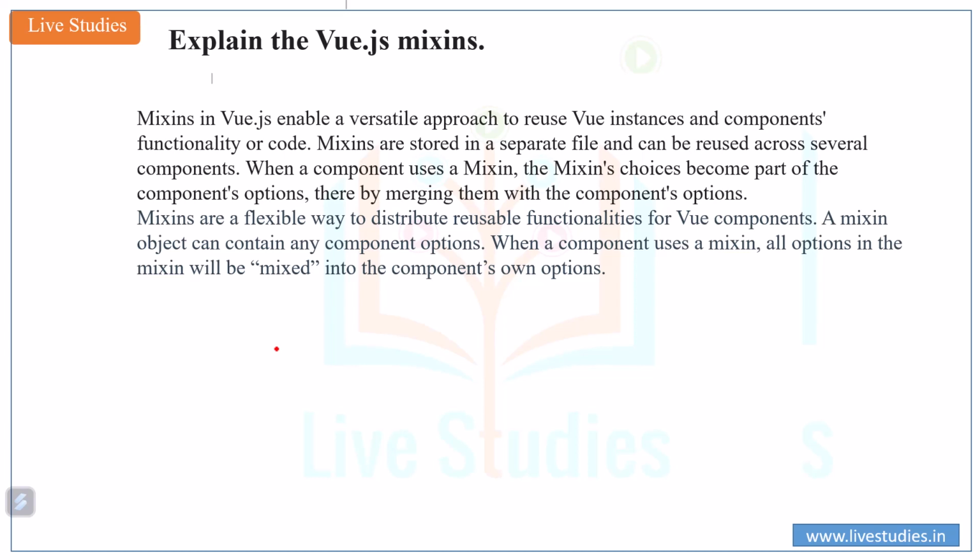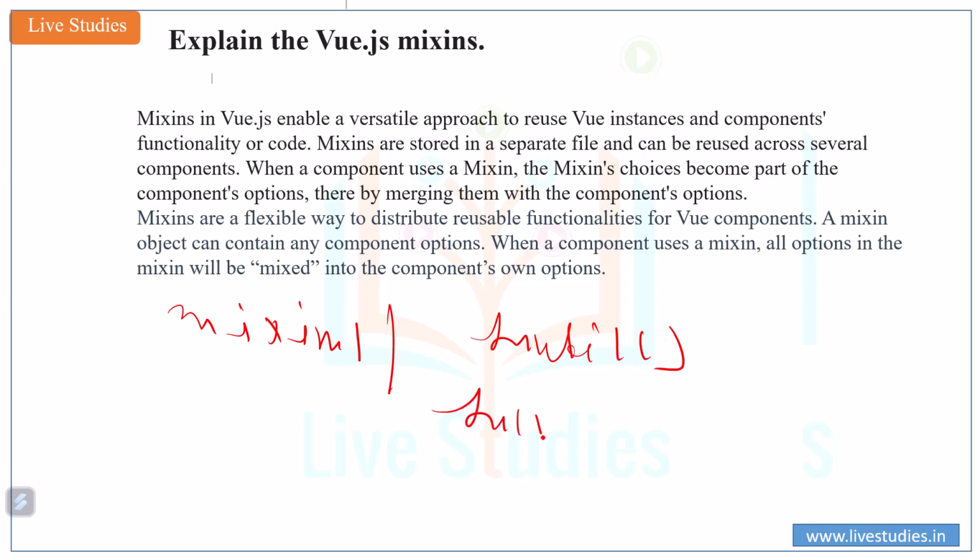In this example, suppose I'm creating mixin one. In mixin one, there are two functions: function one and function two. And another one is mixin two. Mixin two creates another function, function three.